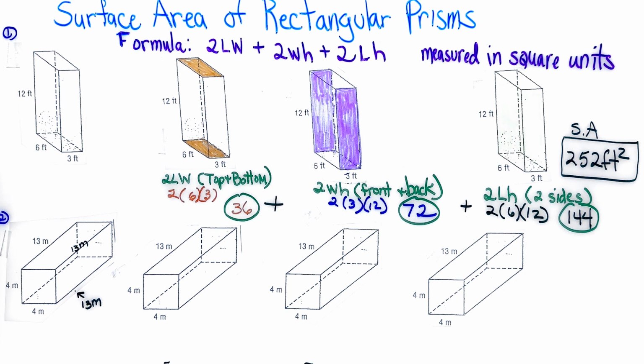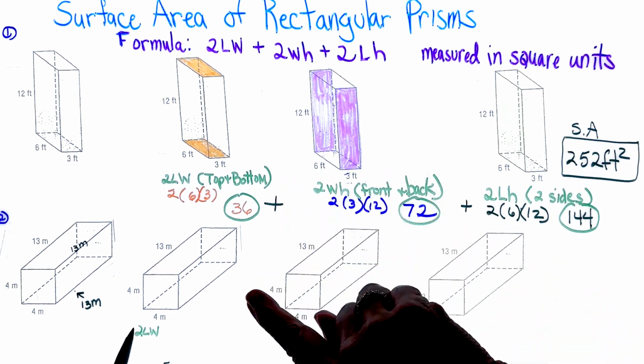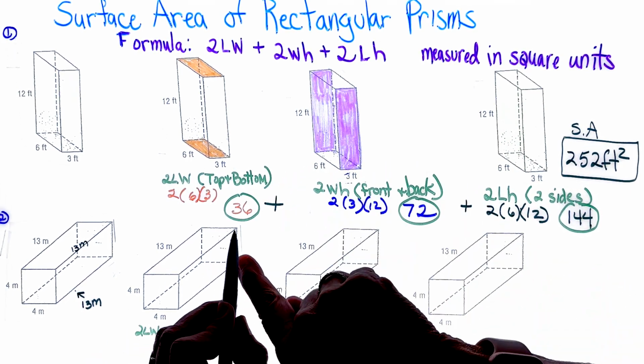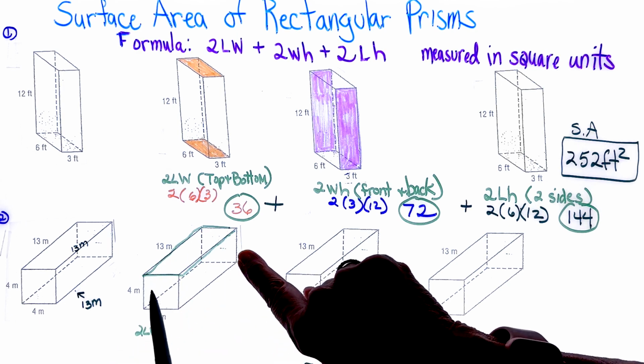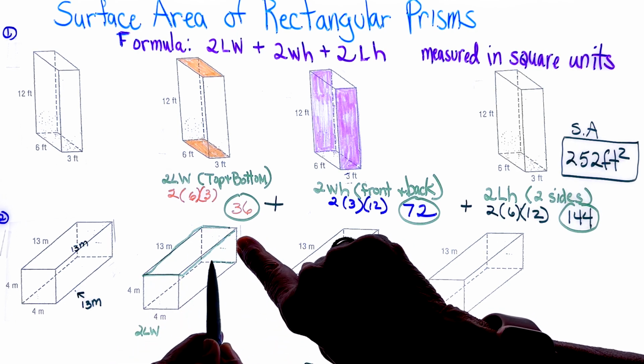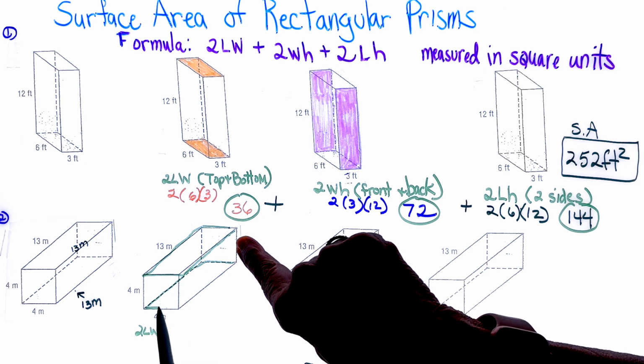So let's go for the first one. And for this one, it is 2 times the length times the width. So 2LW is going to be our top and our bottom. And when I'm doing the top and the bottom, this is my top right here. Sorry about not drawing it so straight. And here is my bottom.